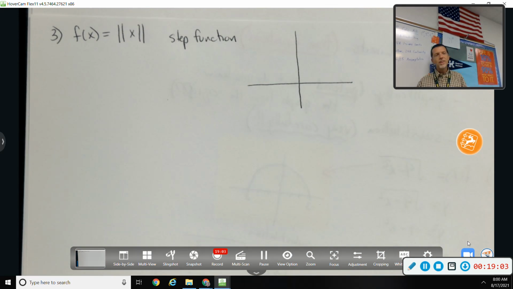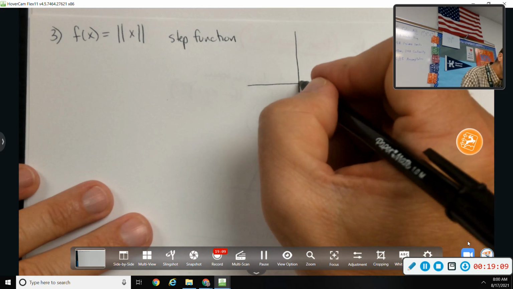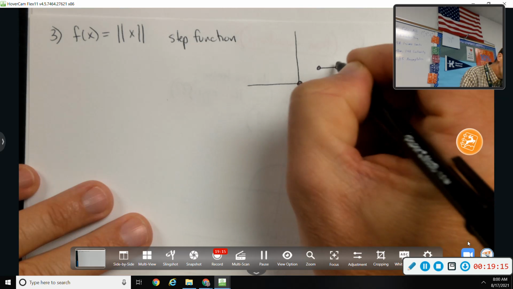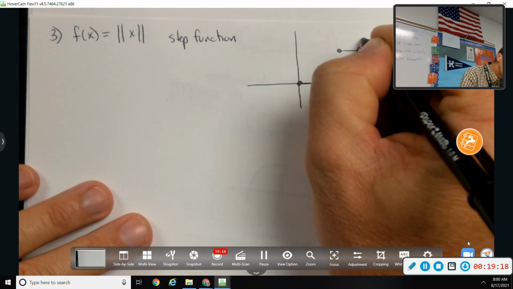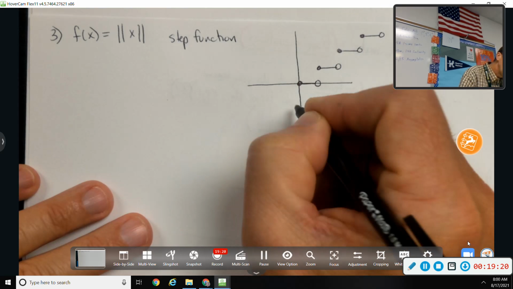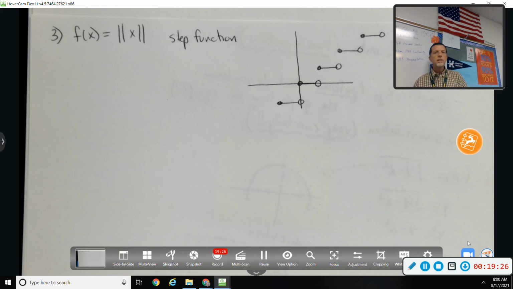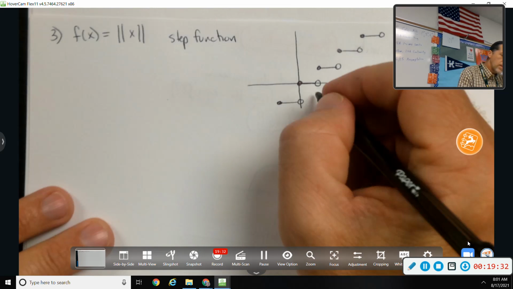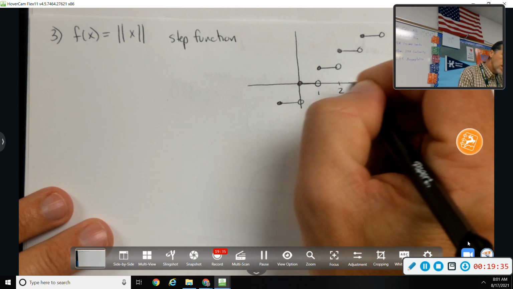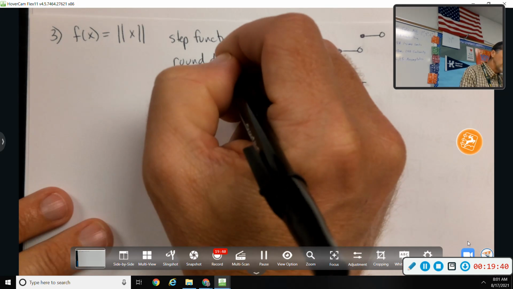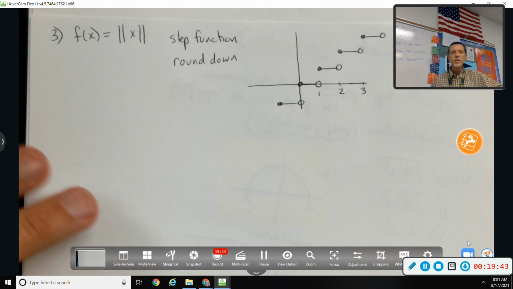When you see what it looks like, you'll understand why it's called a step function and why there are lots of limit questions with the step function. It makes stair steps. It's also the round down function. That's not ever really what it's called, but that might help you know what to do with that thing.